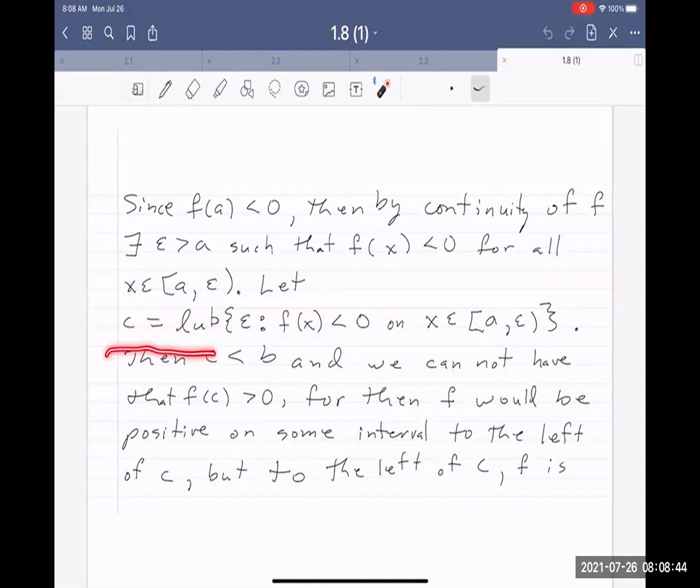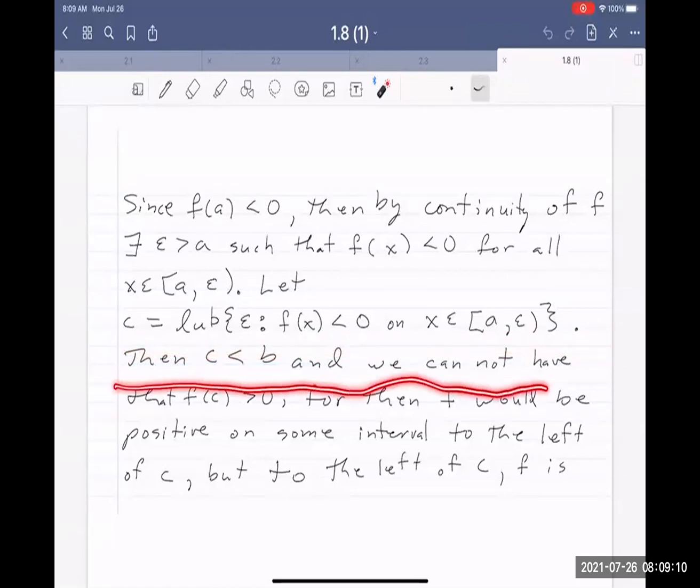Let C be the least upper bound of the set of all epsilons, such that f of x is less than 0 on the interval from A to epsilon, where A is in the interval, but epsilon is not.